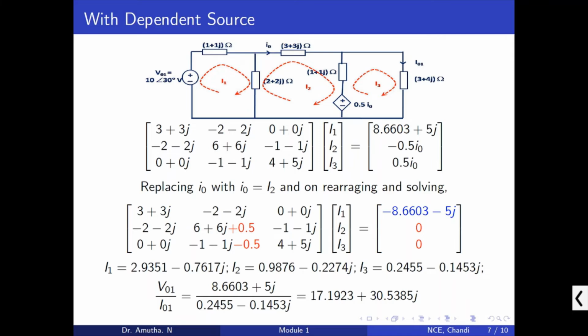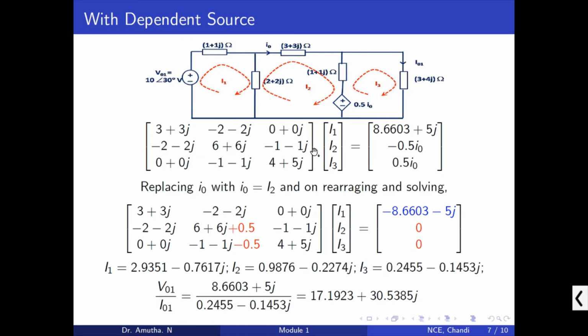Okay, so now what are the changes we can observe here? See, the mesh equations, the mesh impedance will be the same, like whatever the impedances coming across this I1, I2, I3, it will be in the diagonal elements, and between the loop currents it will be in the off diagonal elements.